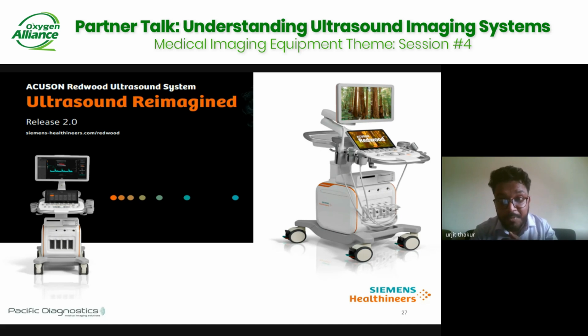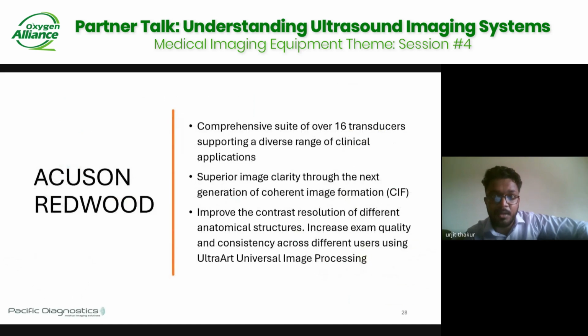The probes are also more in this system. You get 16 different probes on this ultrasound as opposed to the previous 2. This is because it gives more options as opposed to the first 2 that I talked about. As I said, it's a comprehensive suite of over 16 transducers supporting a diverse range of clinical applications, and super image clarity.